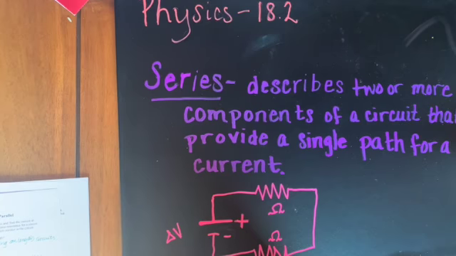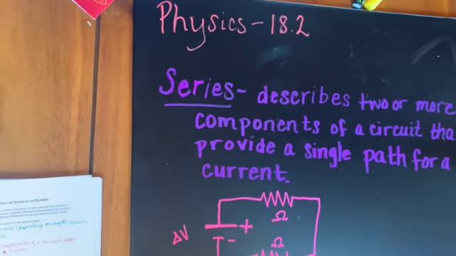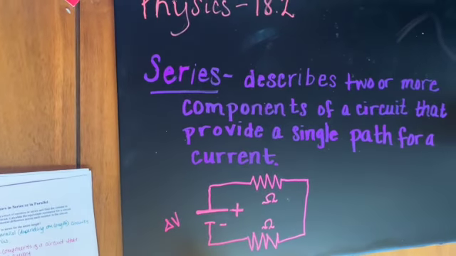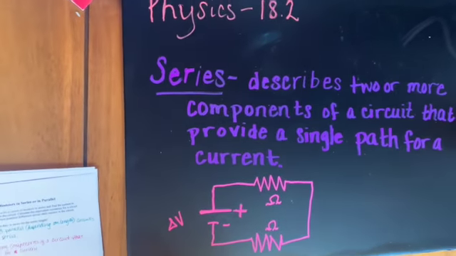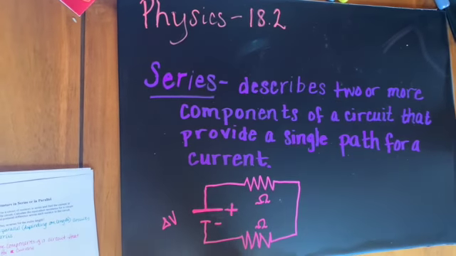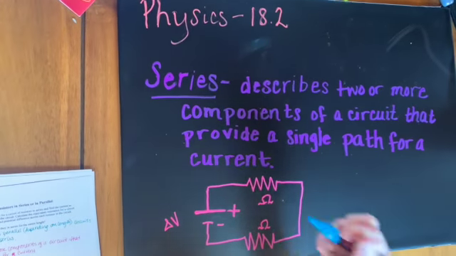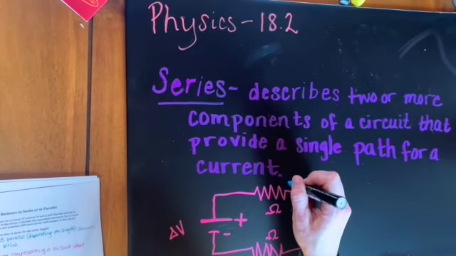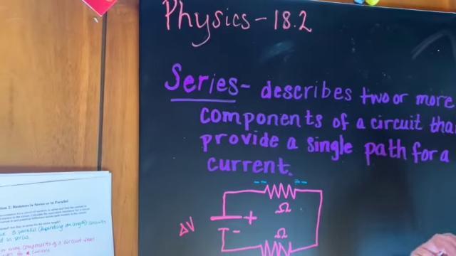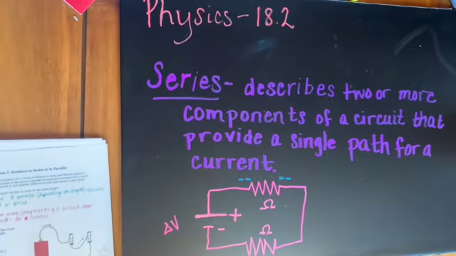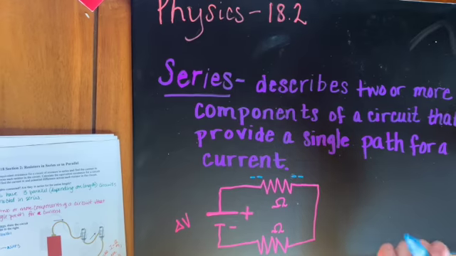Now, there are some important things to understand about lights in series. Because charge is conserved, what do we know about the amount of charge entering and exiting each bulb? If charge is conserved, the amount of negative charges entering our resistor is going to equal the amount of charges that exit it. So we know that the amount of charge entering the light bulb equals the amount of charge leaving the light bulb in a given time period.